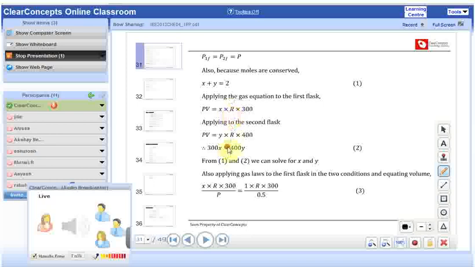Now, if you apply the gas laws to the first flask in both conditions, because volume is constant, you take the first flask, apply PV equals nRT and solve for volume. In the second case, again solve for volume, but this time instead of 1 mole, it has only X mole.